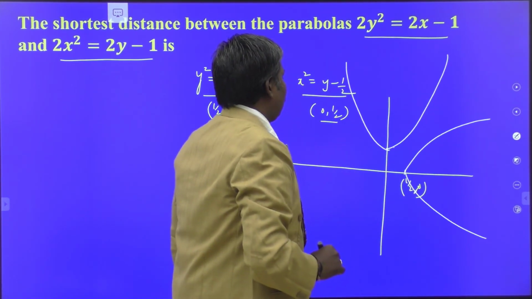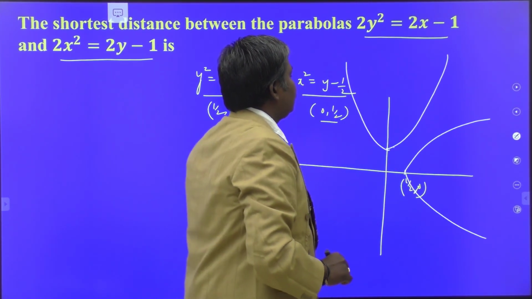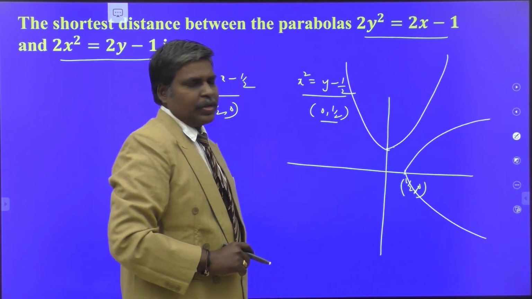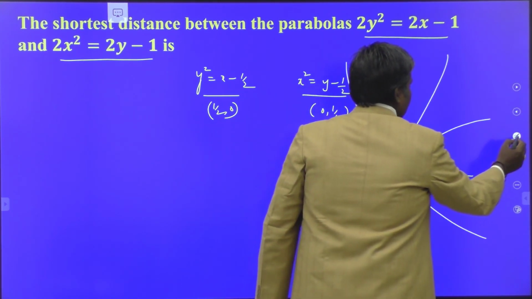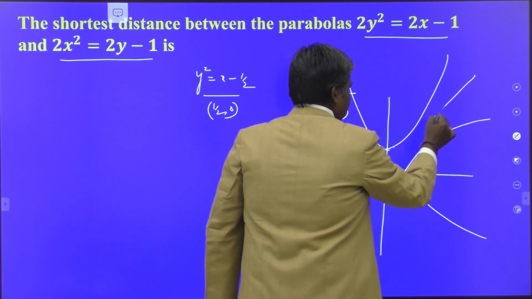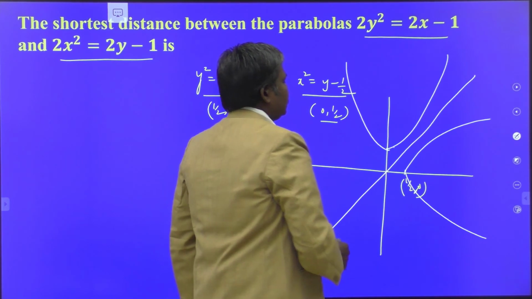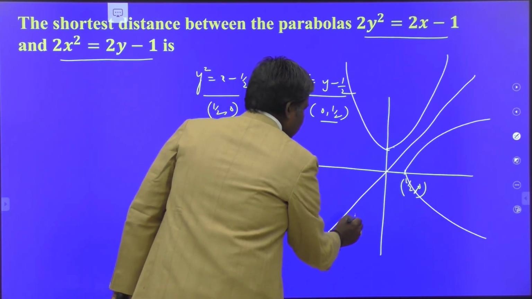This is the second parabola. We have to find the shortest distance between these two parabolas. Clearly these two curves are symmetric about the line y = x.